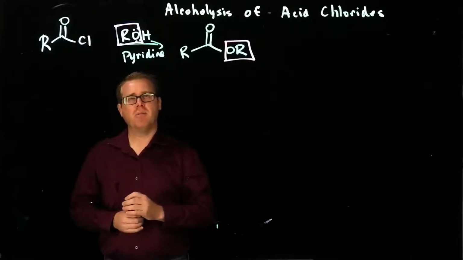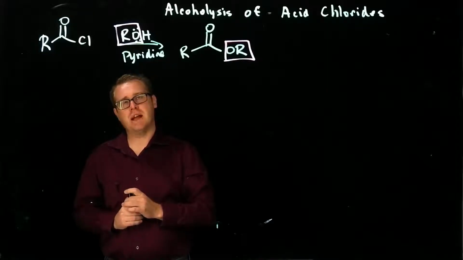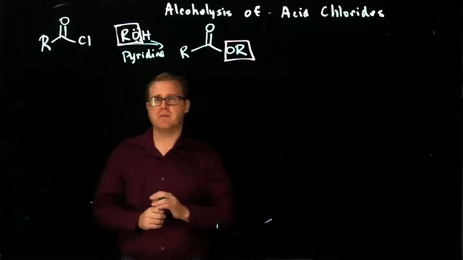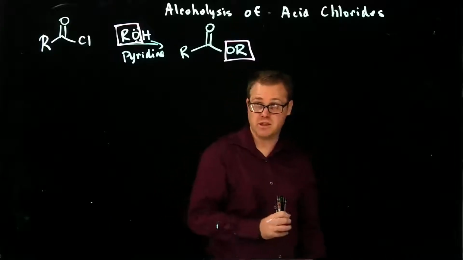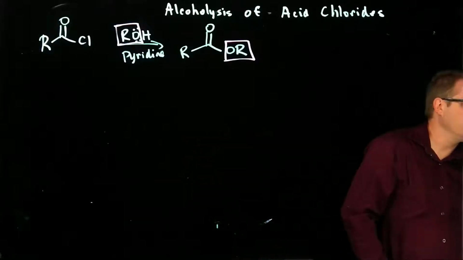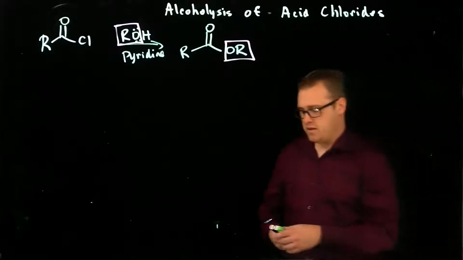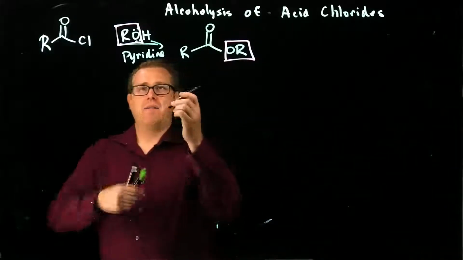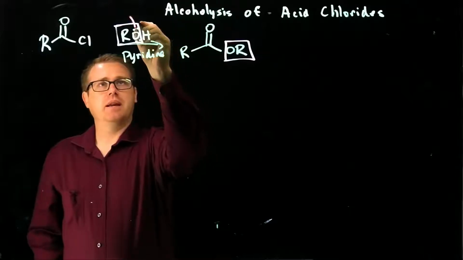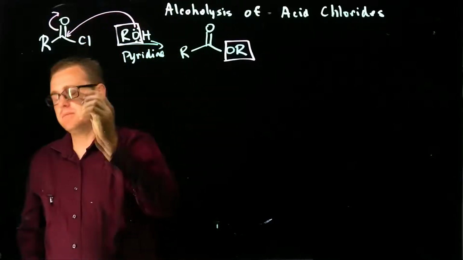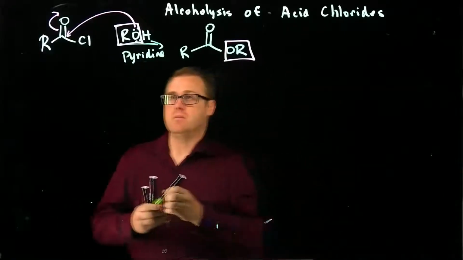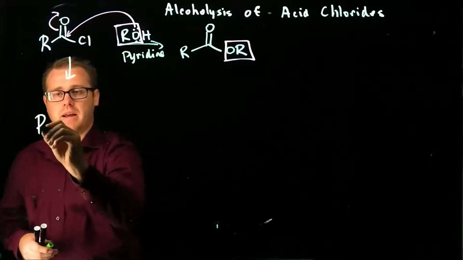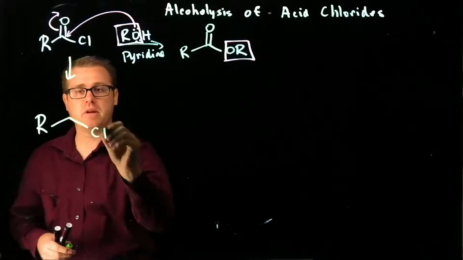Well, I could see a couple ways to actually do this reaction. Let me pause the video for a moment to double check, because there's multiple ways to do this. So we have our alcohol. Takes the lone pairs and attacks the carbonyl in this manner here. And then we're going to get a tetrahedral intermediate.